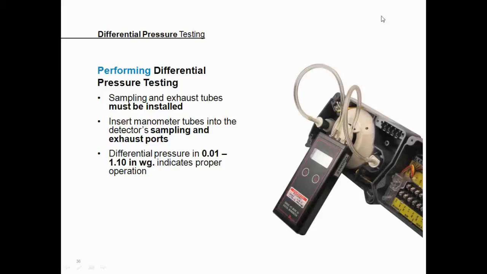Then just run the test following the instructions that come with the device that you're using. Once the test is complete, the manometer will provide you with a readout that should be between 0.01 and 1.1 inches of water if your detector is operating properly.